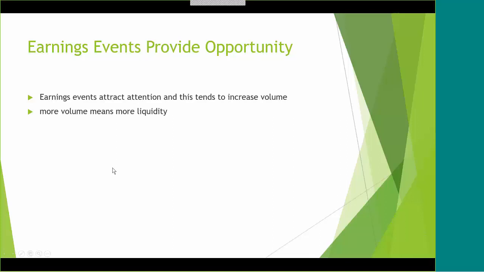More volume means more liquidity. Bid-ask spreads tighten, giving us better opportunity for fairer pricing getting into our earnings trades. More liquidity allows us to get in quicker and easier, and close positions quicker and easier.